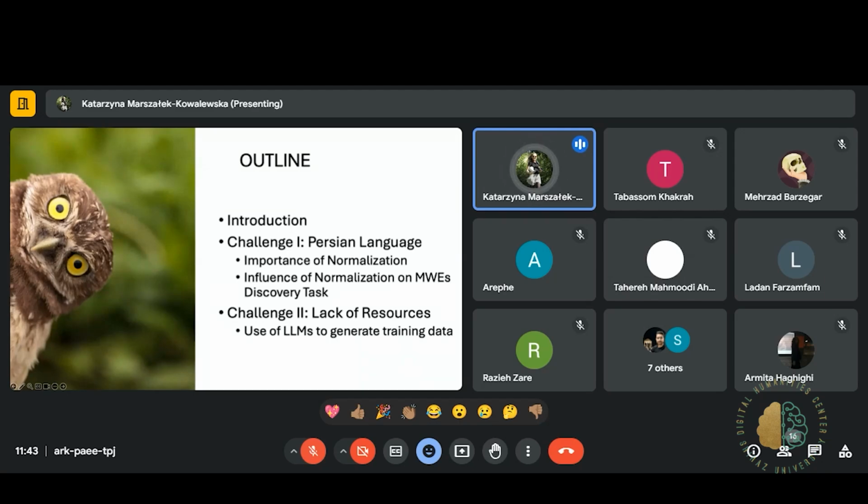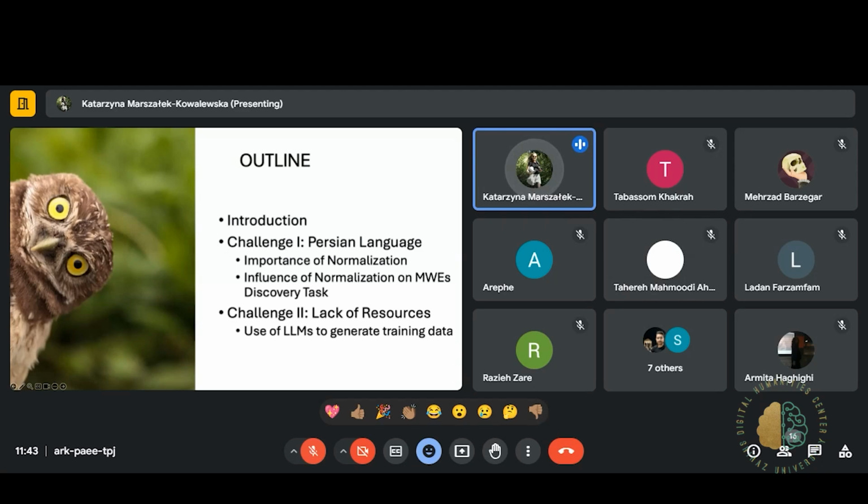Therefore we are going to talk about the importance of normalizing Persian texts. As an example, we'll take a look at an experiment I did a few years ago that shows how important normalization is for one of the downstream NLP tasks. In this way, we will focus on the multi-word expression discovery task.